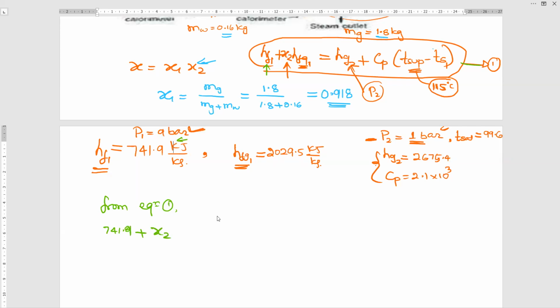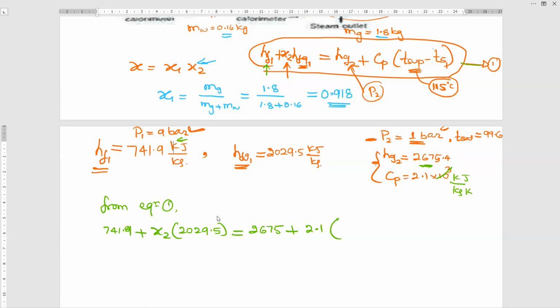X2 is unknown, I will write as it is. HFG 2029.5 is equal to Hg2 2675, Cp 2.1. I will not multiply with 10 to the power of 3 because that would become joule, but I am maintaining all units in kilo. So let me take it in kilojoule per kg Kelvin.